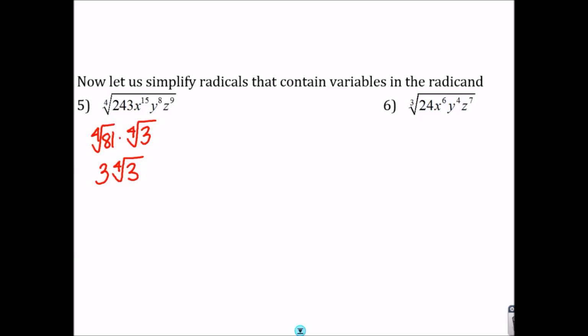When we simplify variables inside radicals, I'm going to write out the long way and then I'll show you the shortcut. So if I have x to the 15th, that means I have 15 x's.